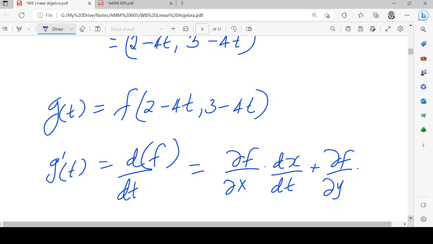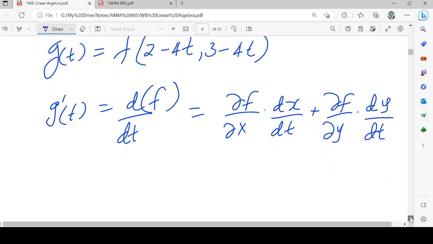Remember, f was also a function of y, dy dt. That is, we use the total derivative. The total derivative of f with respect to t is the partial derivative of f with respect to x times dx dt, and the partial derivative of f with respect to y times dy dt.